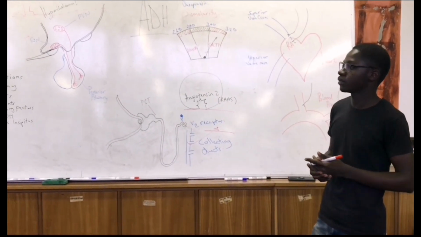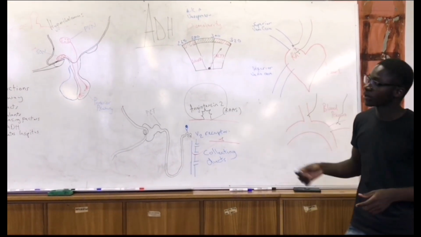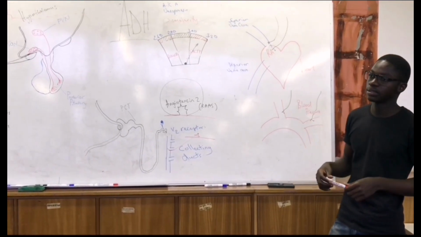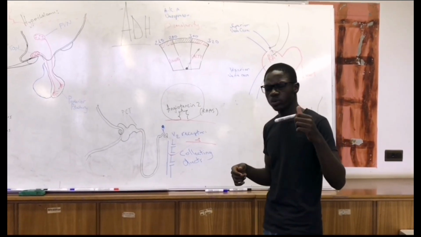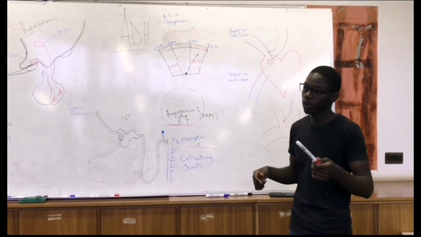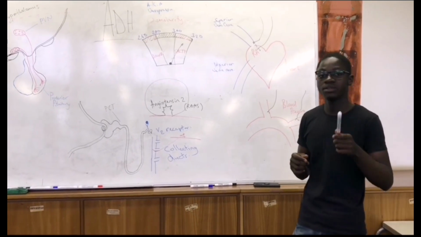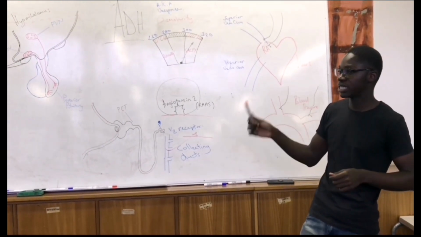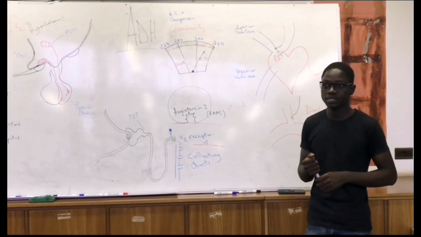Then in diabetes insipidus, we talked about the fact that it's a condition where we have dilute urine, and people who suffer from it usually have low levels of ADH. People with nephrogenic diabetes insipidus are treated with thiazides, and those with neurogenic diabetes insipidus are treated with desmopressin, which is a synthetic form of vasopressin.